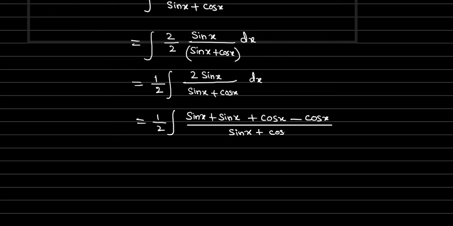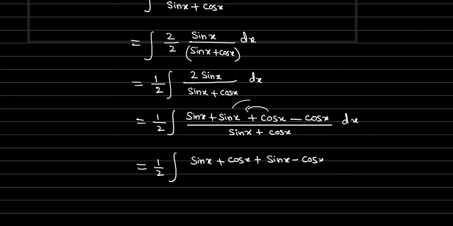Now I am going to change the order. So sin x plus cos x together, changing only the order: sin x plus cos x, and next this sin x minus cos x. I just shifted these two terms, all by sin x plus cos x.